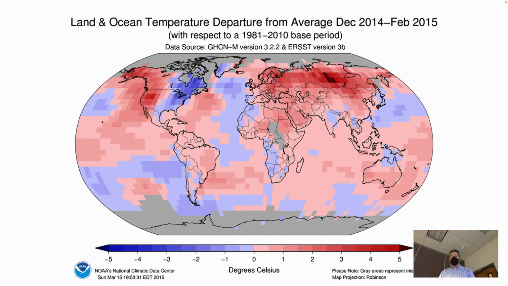As we look at 2014 and 2015, we see that most of the globe here is some shade of pink or red, meaning it was warmer than historical averages, and much warmer in some areas like in Siberia here or in Alaska.